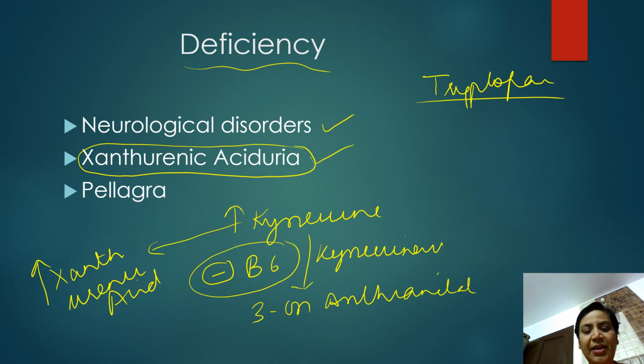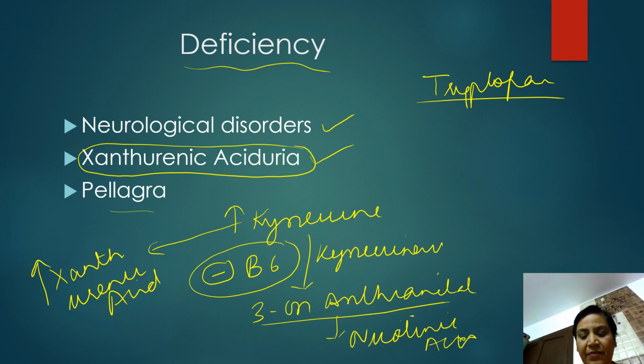That is why it is written deficiency leads to xanthurenic aciduria. Then obviously pellagra, why? Because if this is absent, this 3-hydroxyanthranilate is going to form nicotinic acid. If the first reaction is defective, there will be no formation of niacin, leading to pellagra. So this is PLP.